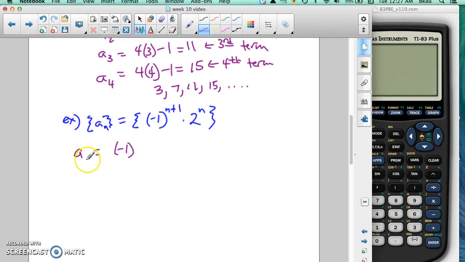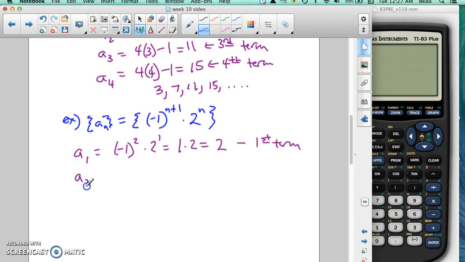For the first term, n is 1, so we're going to have 2 up here as a power, 1 plus 1, times 2 to the first power, which is going to be +1 times 2, which is +2. This is my first term of this sequence.